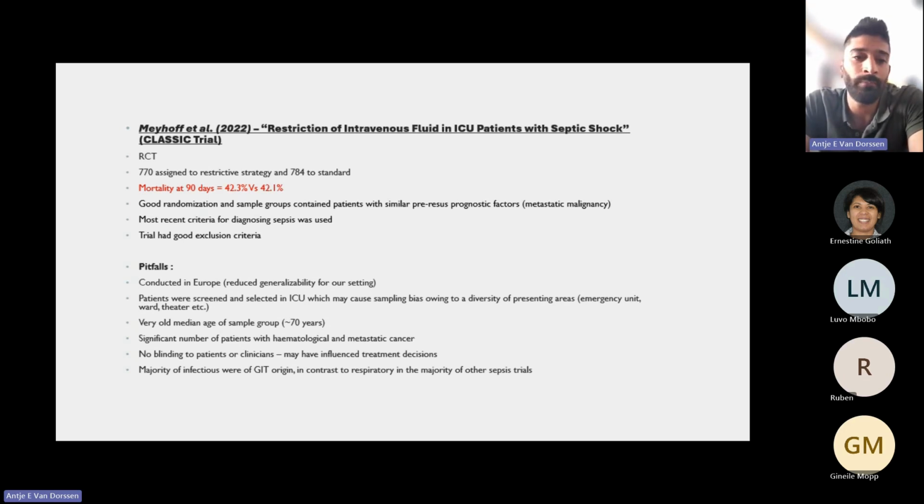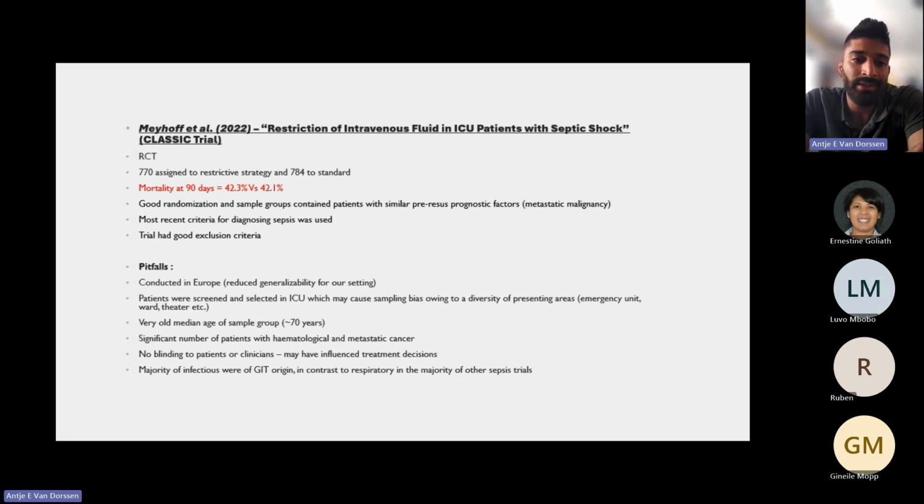Another issue was that patients were screened and selected only in the ICU, which caused a lot of sampling bias owing to a diversity of presenting areas, in that patients were admitted to the ICU from the emergency unit, from the ward, from theatre, which produced quite a lot of heterogeneity. There was also quite an old median age in the sample group of about 70 years. And a significant number of patients had hematological and metastatic cancer, as I mentioned.